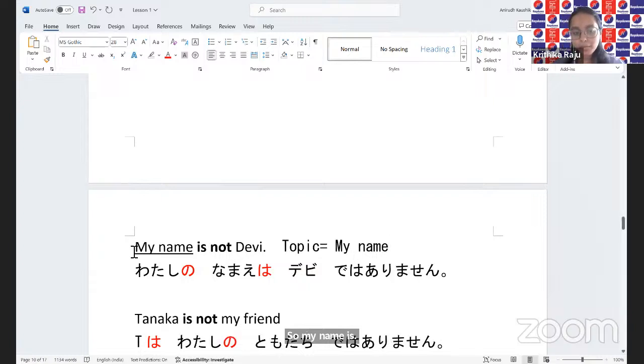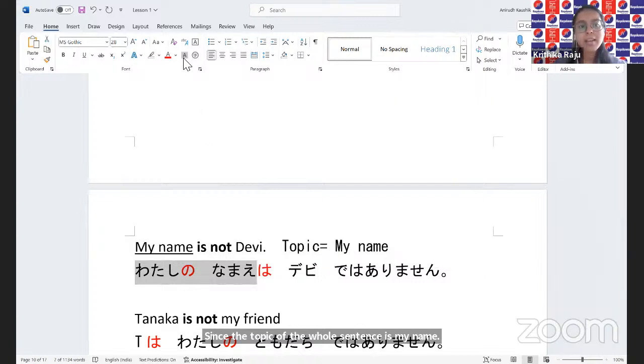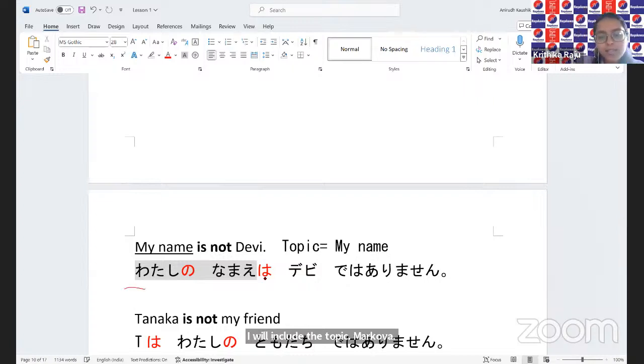Since the topic of the whole sentence is my name, after watashi no namae, I will include the topic marker wa. This whole thing is the topic. So after that, I will add wa.